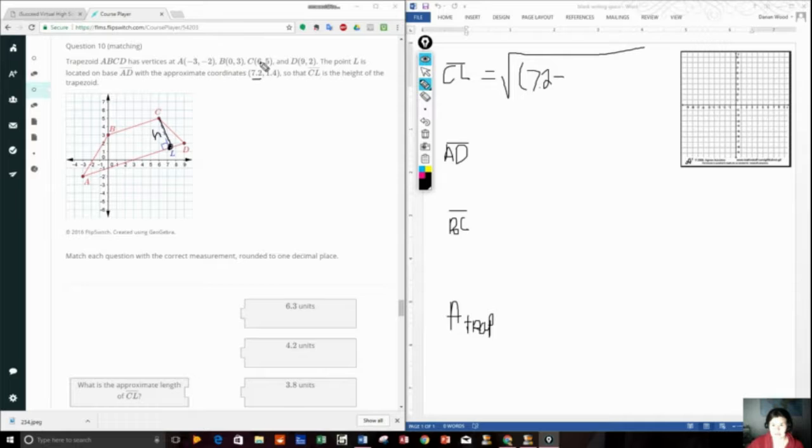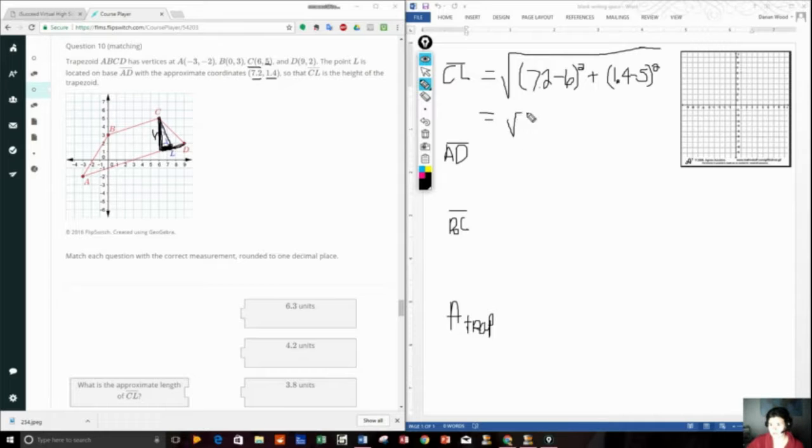I'm going to subtract C's x coordinate, 6, and that'll give us our horizontal distance, plus, and now I need our vertical distance, from C to L. I'm going to use L's y coordinate because vertical is the y-axis, and we're just finding the difference between these two locations. So 1.4 minus 5, squared.